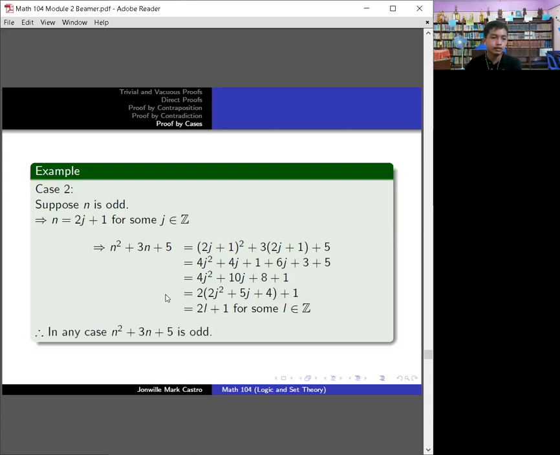Therefore, in any case, n squared plus 3n plus 5 is odd. So, we showed that when n is even, n squared plus 3n plus 5 is odd, and when n is odd, n squared plus 3n plus 5 is still odd. Okay?